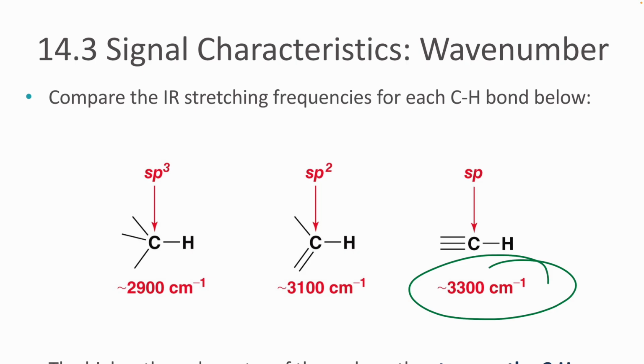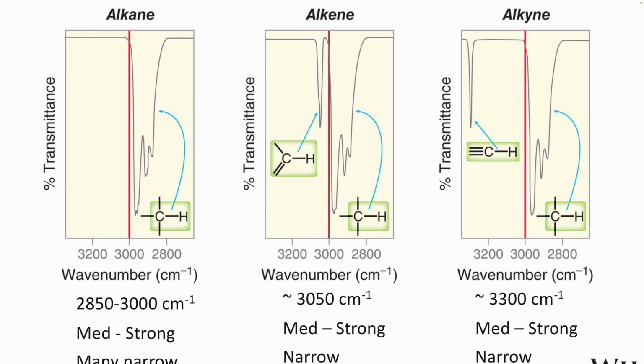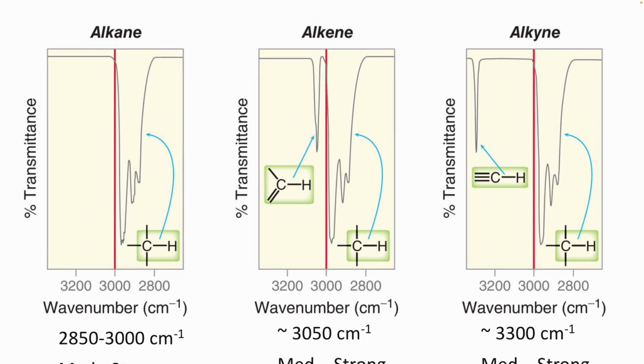Around the 3300 region. So here is just those examples stacked next to each other with that line at the 3000 mark laid in. Again, an alkane won't have anything over here. An alkene, you'll have a peak just to the left, and an alkyne will be even further to the left around that 3300.